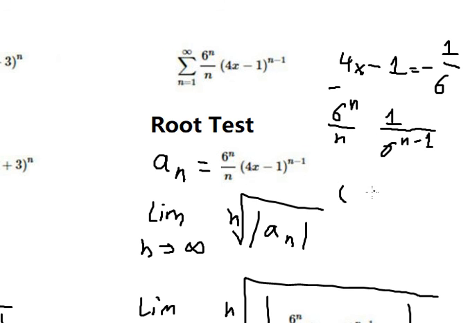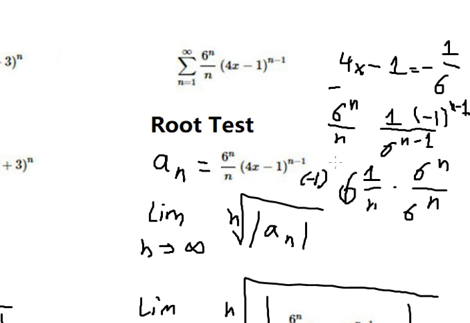If we simplify, you get like this. 6 to the power of negative 1 gives 6 in here, and I will put negative 1 to the power of n minus 1 in here. So they cancel, and you get negative 1 to the power of n minus 1, and we have 6 over n.